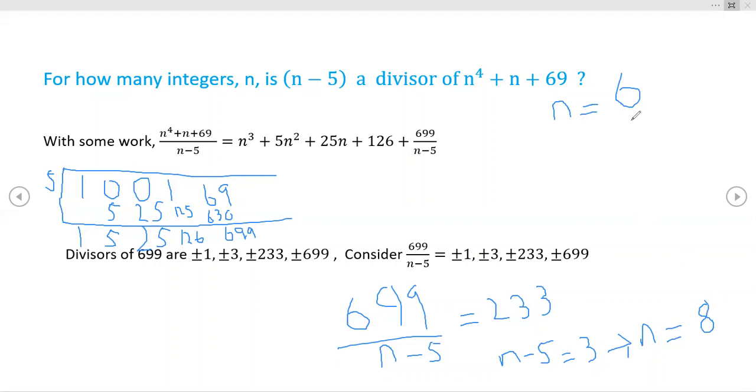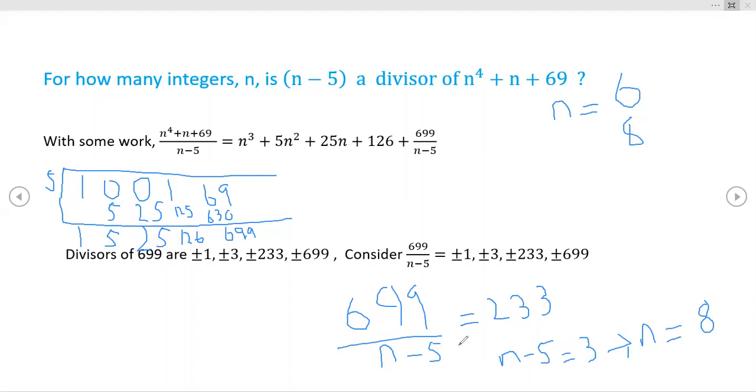But the bigger point I'm trying to make is that we don't have to solve all these out. We know each one of these will evaluate to integers. So I just did one of them right here, where all I did was pick 233 and 3 out of this list, right?